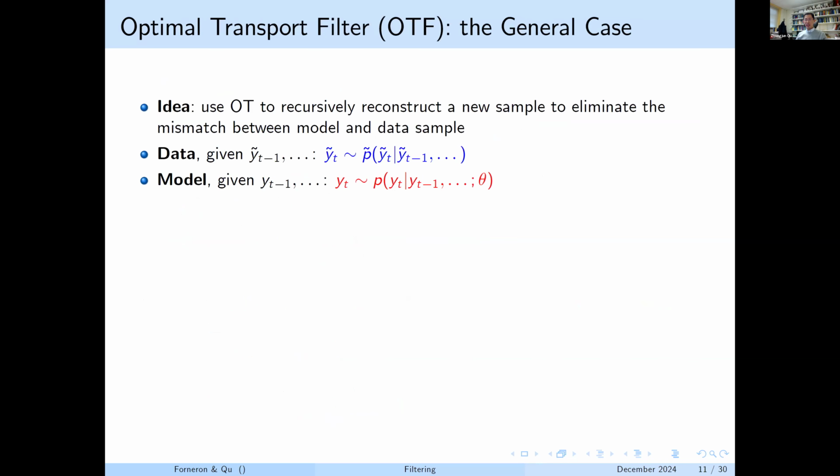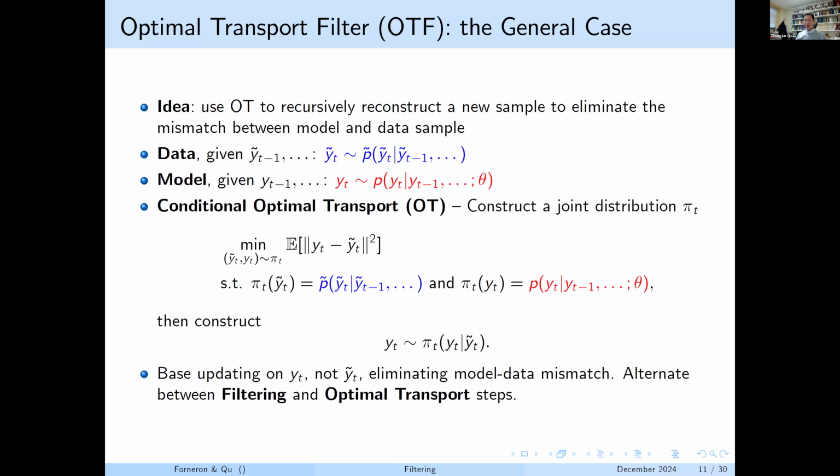For that, we'll have, of course, 2 models going on still, as in the trend cycle decomposition. The data correspond to the blue component. We have a distribution that's provided by a reduced form auxiliary model. The model is in red. We get a conditional distribution implied by the structural model or the state space model that we are looking at.